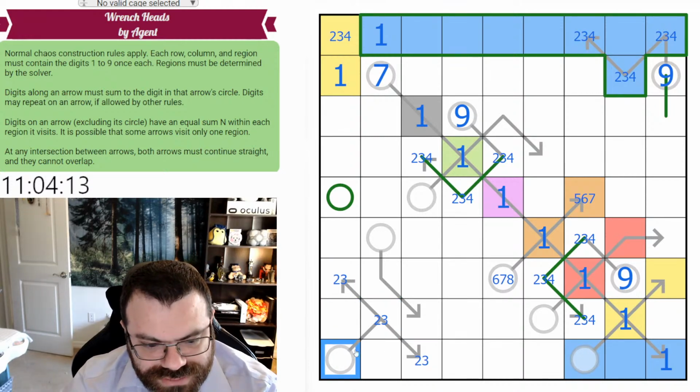Oh, the sum, though, right. We don't add all three of them. The sum would be 4 or 6, and I guess we could do 4, 4, 8 as well.